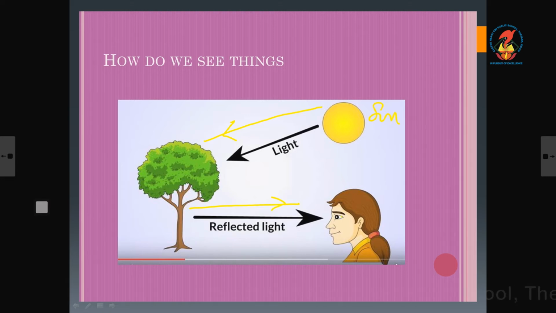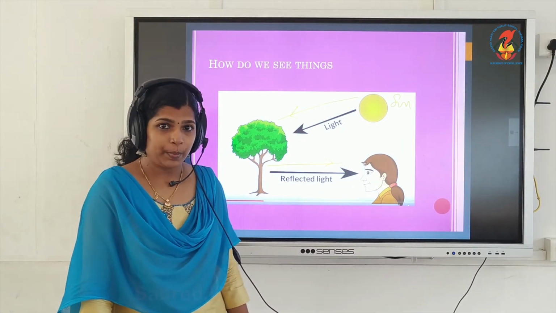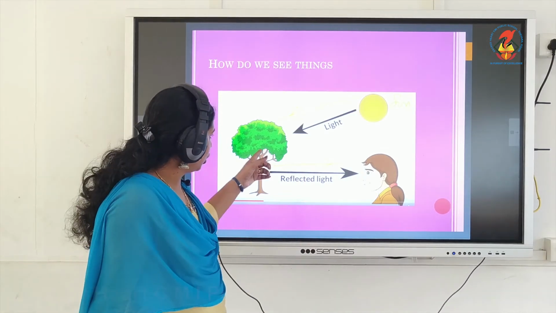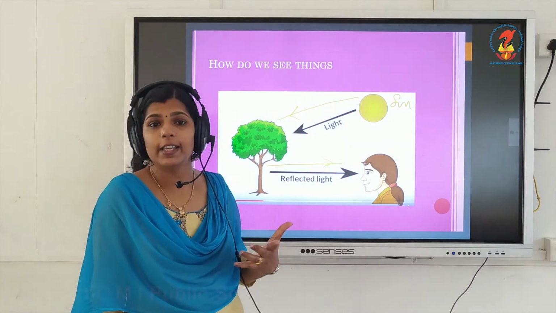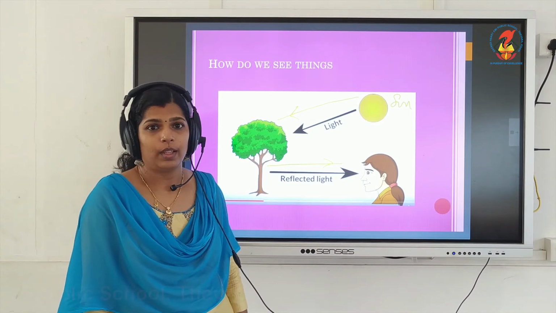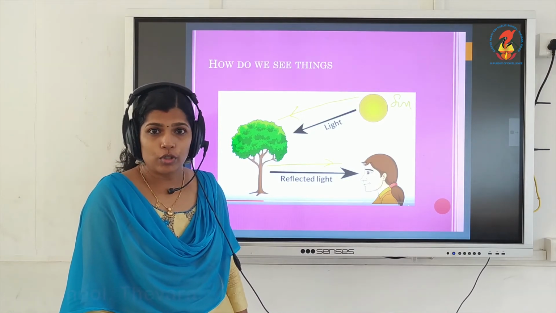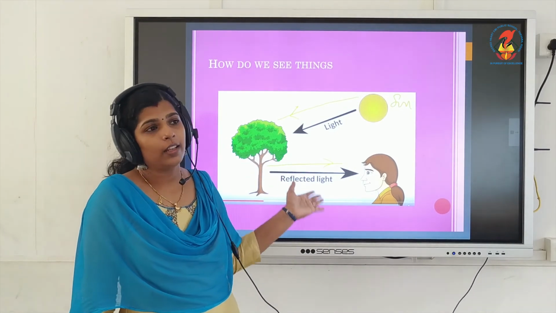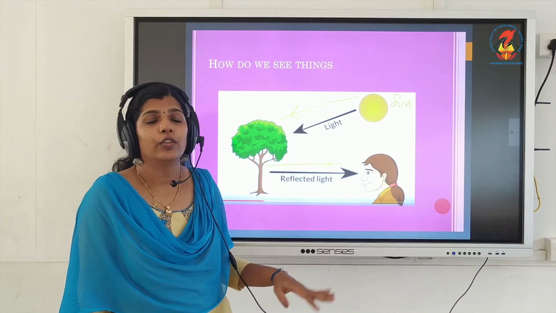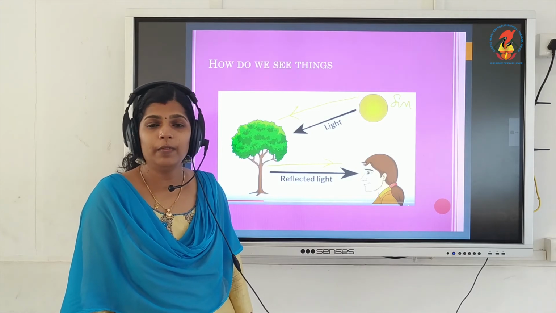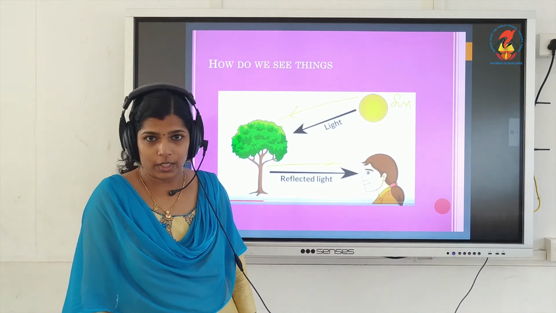When sunlight falls on an object and the reflected light from that object reaches our eyes, then we will see that object.